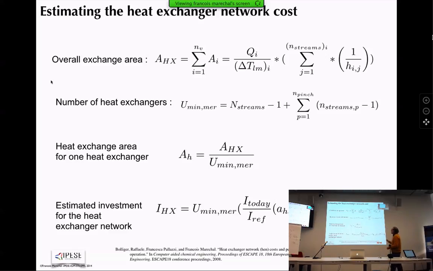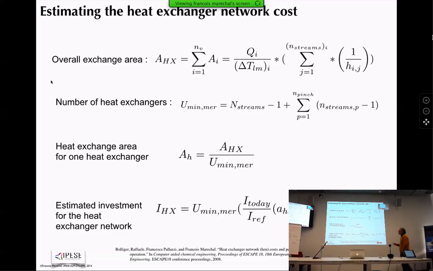And for this, I have a formula that is coming from the pinch theory that is telling me that the minimum number of connections is equal to the number of streams minus 1, plus the streams that cross the pinches minus 1. Okay? And as soon as I have solved the optimization problem of flows of the utility in my system, I will have the number of streams here, which means that I can calculate the minimum number of connections.